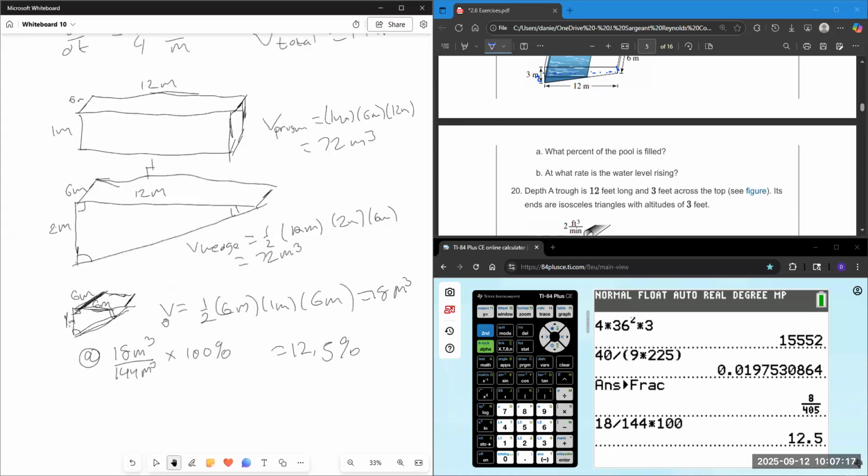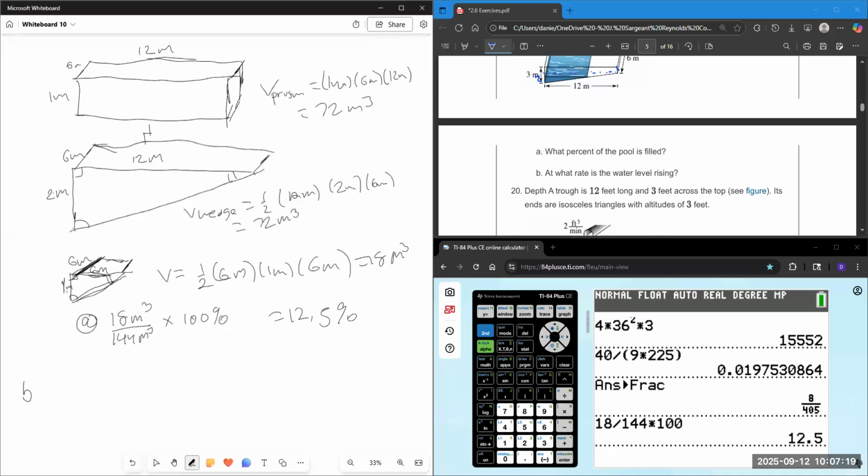Because our height is between 0 and 2, we have this wedge with this ratio of my base being 6 times my height, always.